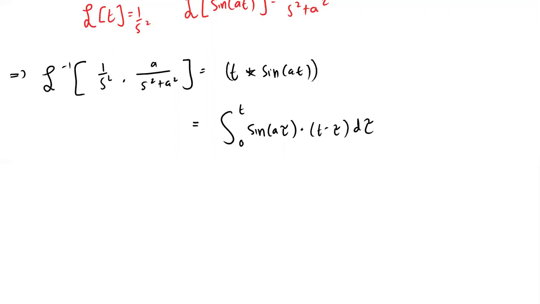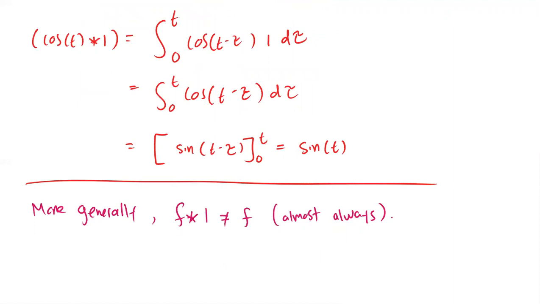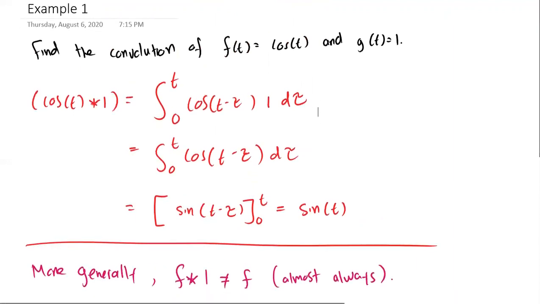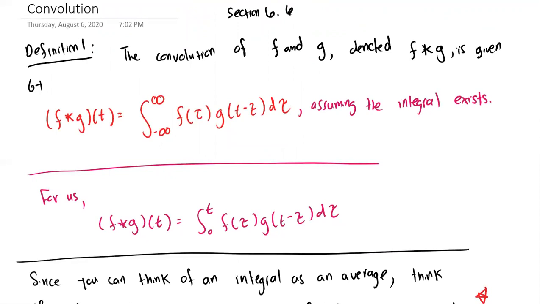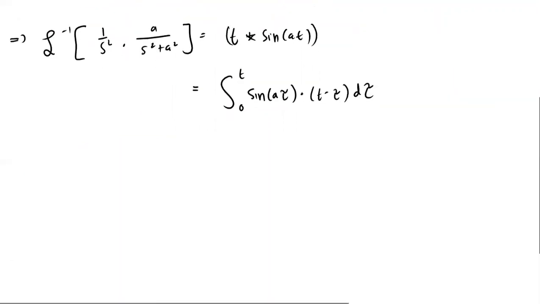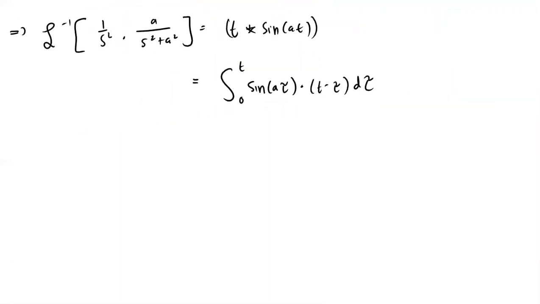And notice this is exactly the same thing we did here. We had functions of t, and it was just replacing everything with tau, using this definition here. And again, by commutativity, you have a choice where you put the t minus tau.